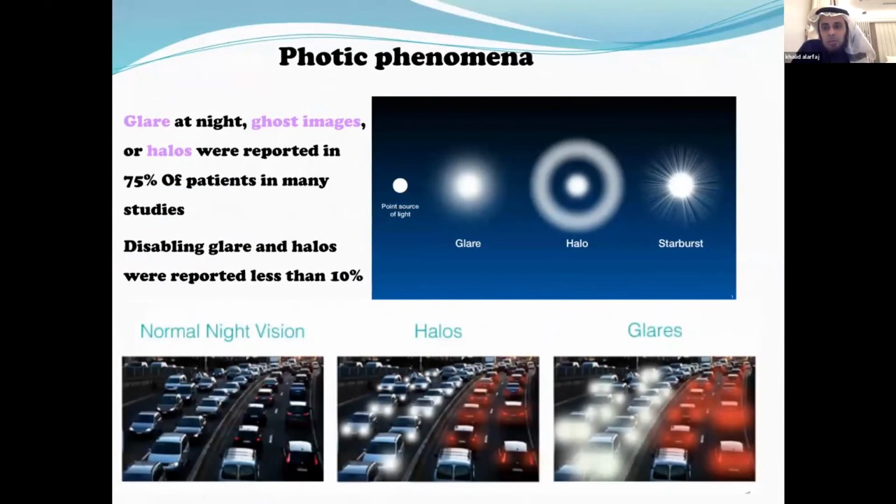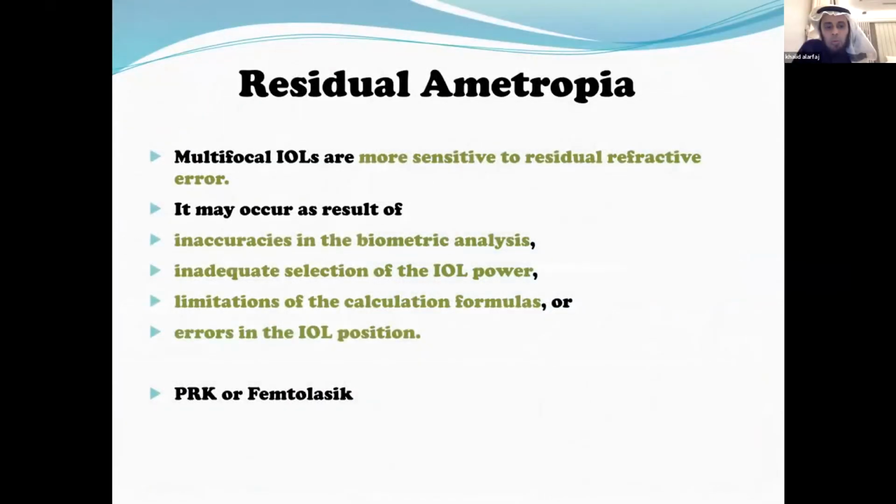As mentioned by the previous speakers, almost 75% of patients have some sort of halos and glare, but fortunately the disabling glare and halos is less than 10%.